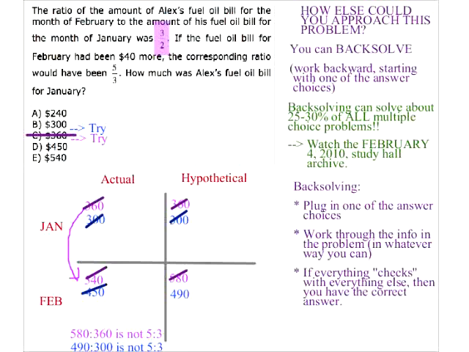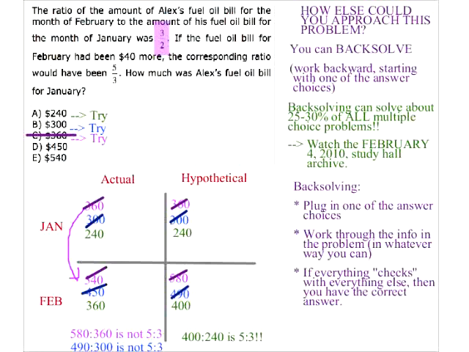And then if we tried A, let's see what happens. This would be 240. This would be 3/2 of 240, which is 360. This stays the same. You add $40 to that. 400 to 240 is 5:3.